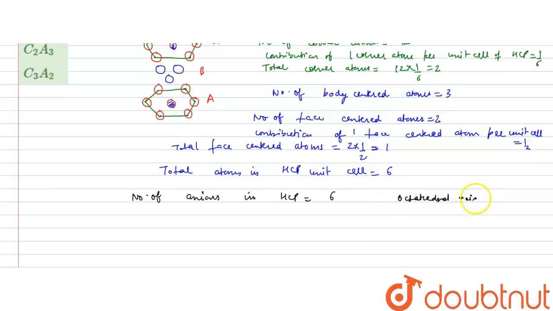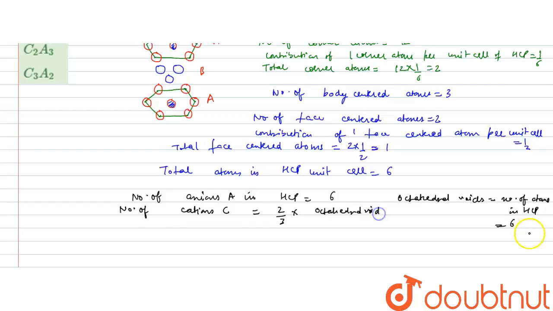The total octahedral voids are equal to the number of atoms in HCP, so that will be equal to 6. It means the number of cations C will be 2 by 3 of the octahedral voids, and octahedral voids are 6, so 2 by 3 into 6 is 4.